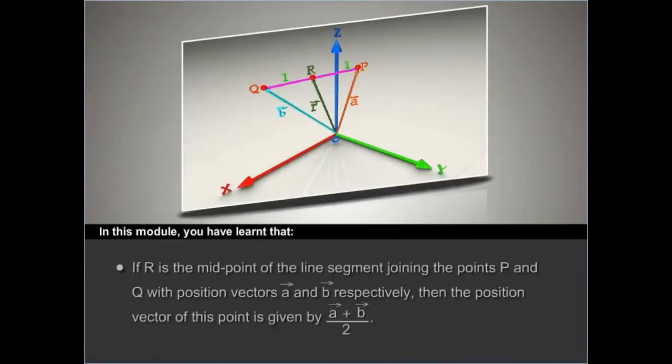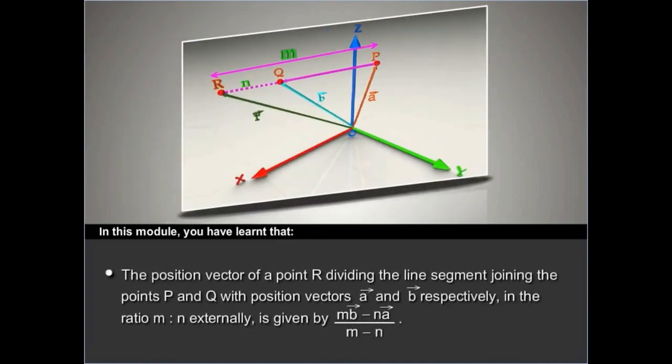If R is the midpoint of the line segment joining the points P and Q with position vectors A and B respectively, then the position vector of this point is given by vector A plus vector B upon 2. The position vector of a point R that divides a line segment joining the points P and Q with position vectors A and B respectively externally in the ratio m:n is given by m into vector B minus n into vector A upon m minus n.